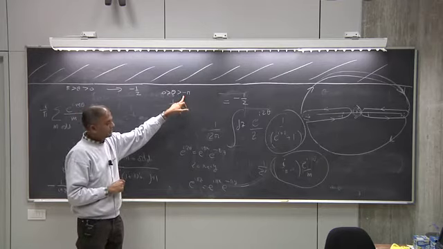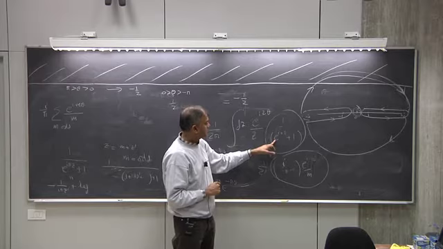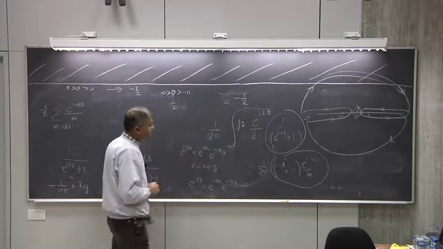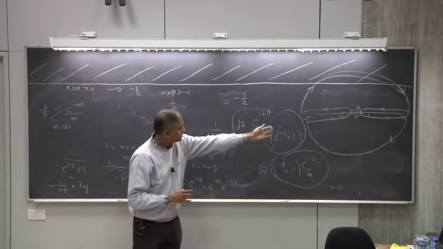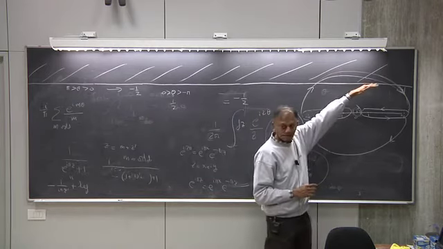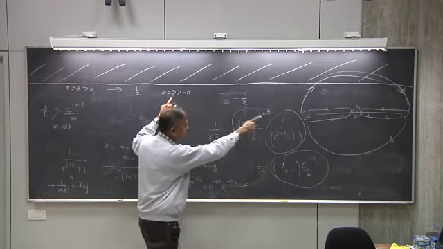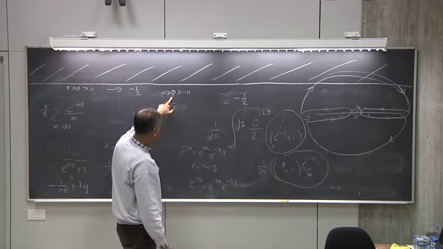Okay. Now, what happens if you are in this range? You see, in this range, you cannot use this, because it will not be exponentially suppressed. These integrals will not vanish in that case. So suppose you are in this range. If you had just used this definition of the integral, it would not give you the correct answer.